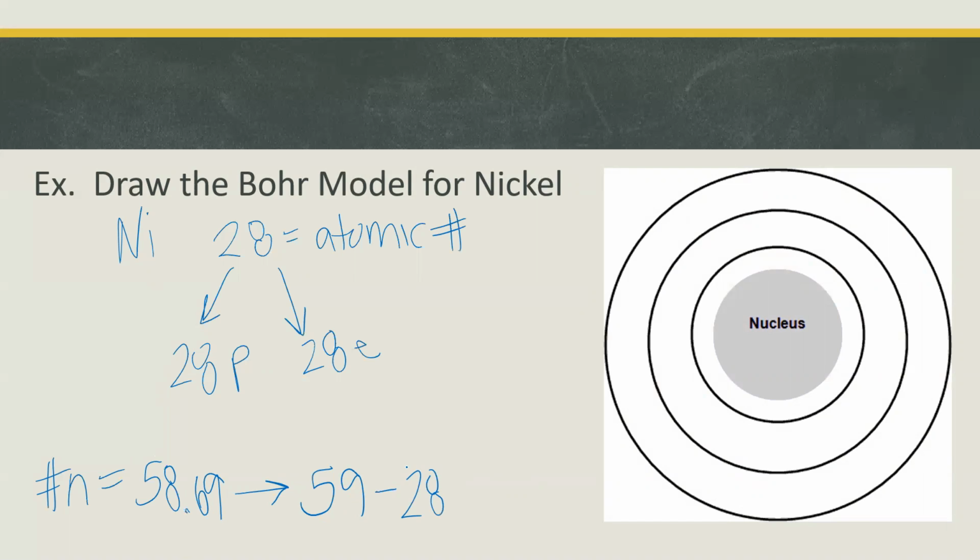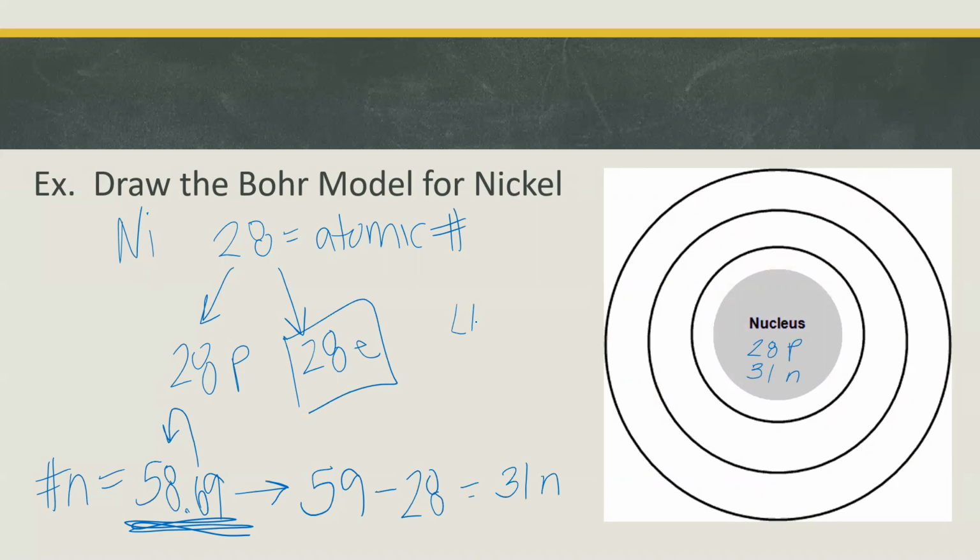Do the subtraction, you want a whole number. And I get that there are 31 neutrons. You have to use your rounding rules. So in the center, shade your circle. I'm going to put 28 protons, 31 neutrons, and then I need 28 electrons surrounding.